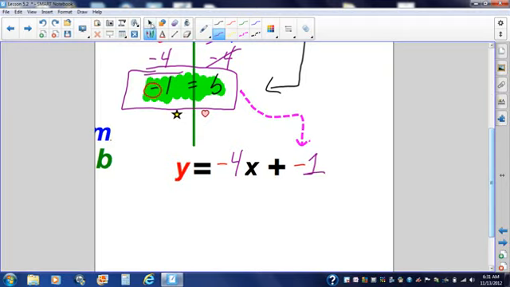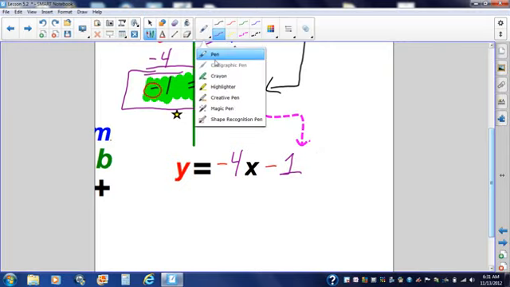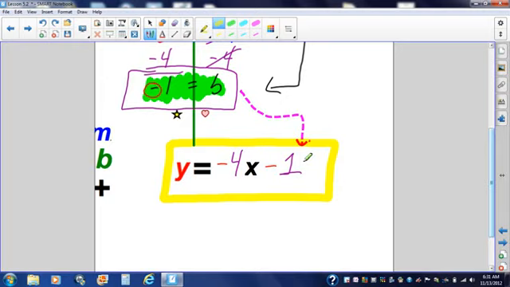Now on the EOC, they're not going to write plus -1. So we can take that plus out, and we can just scoot the -1 over. Now, strangely enough, check it out. I have an equation. Y equals -4x minus 1.